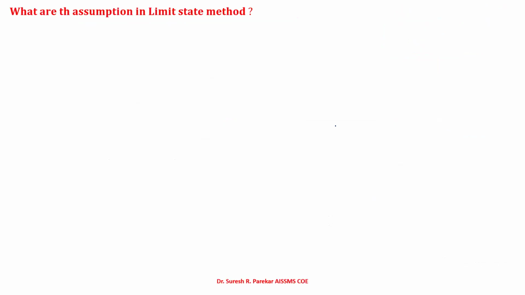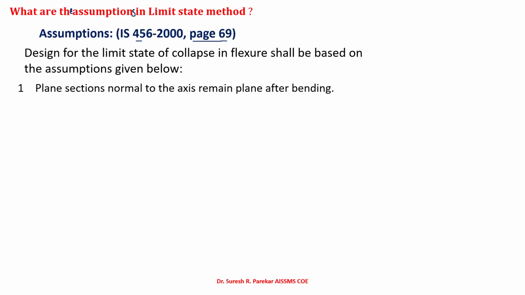What are the assumptions? Assumptions in limit state method. These are given in IS 456, page 69. First, plane sections normal to the axis remain plane after bending. Do not go into detail with this.